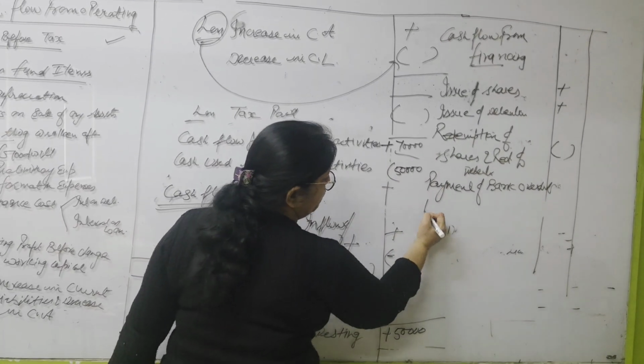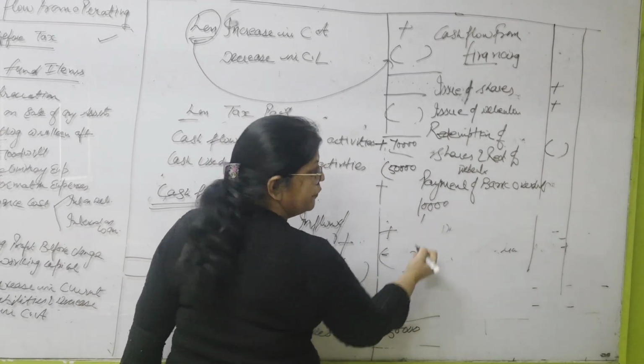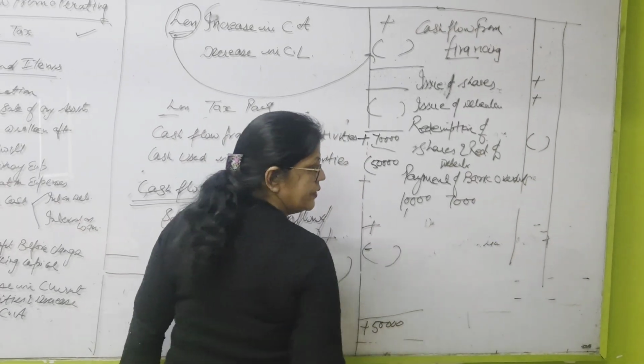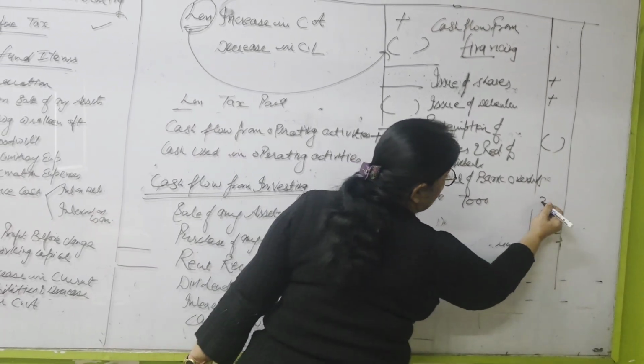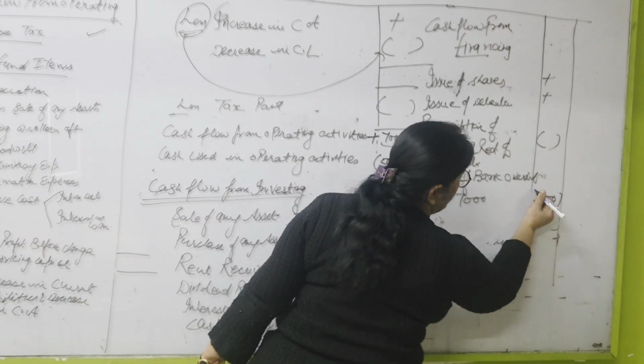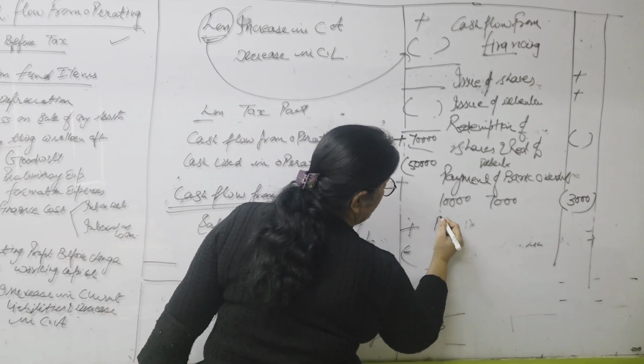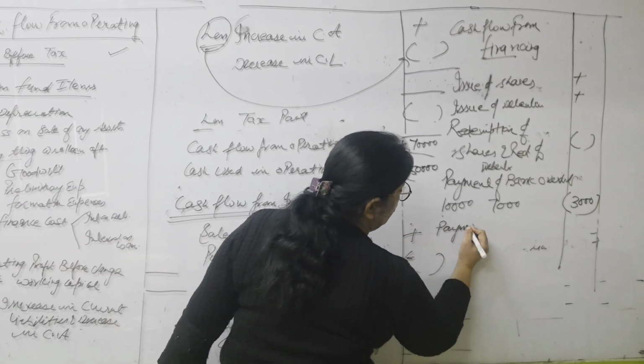For example, if opening bank overdraft 10,000 and closing bank overdraft 7,000, then this is payment of bank overdraft. Payment of bank loan.